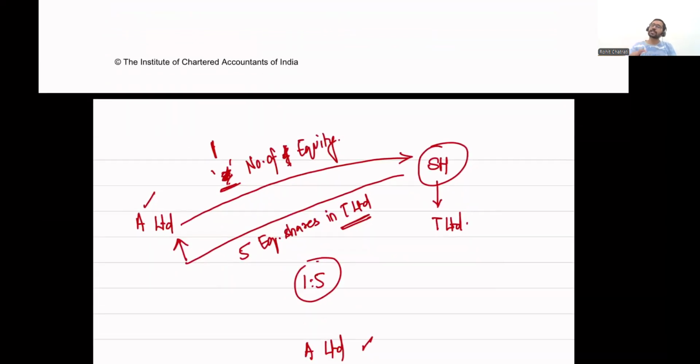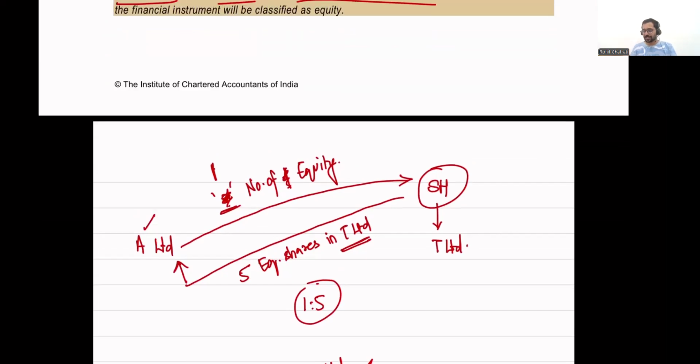If the share price of T Limited increases, I will receive a higher worth. If the share price of T Limited falls, A Limited will receive a lower worth. So the consideration that A Limited is receiving is variable. It is not fixed.